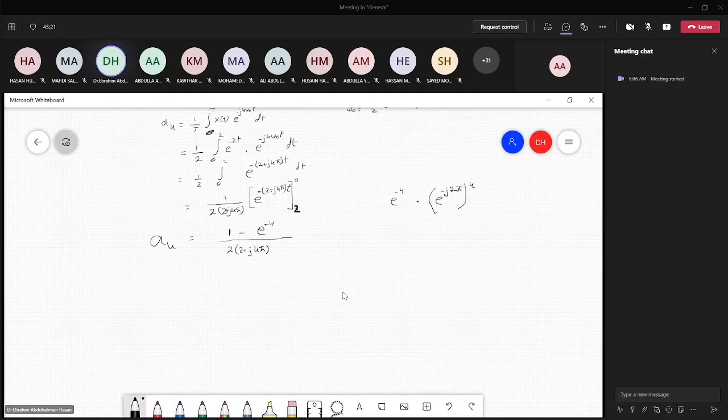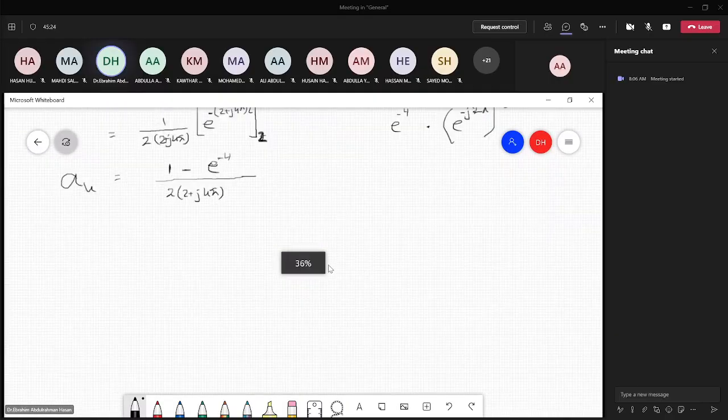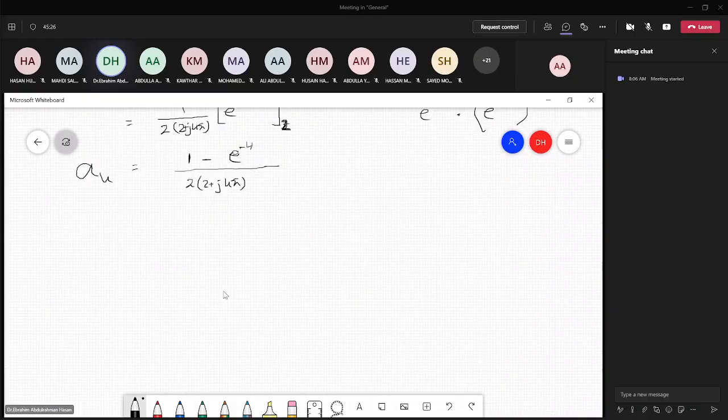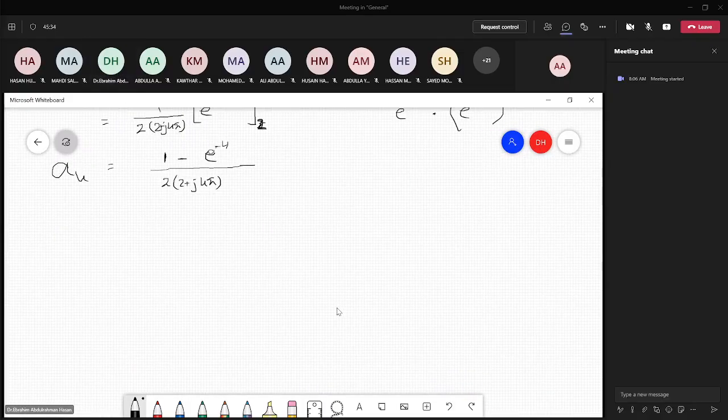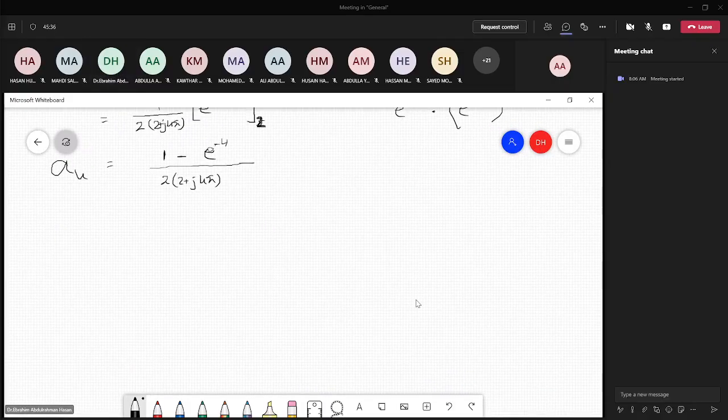If the question is to draw a spectrum, then you need to find two things, magnitude and angle. What is the magnitude of this? Tell me magnitude. AK magnitude equal to the complex number.